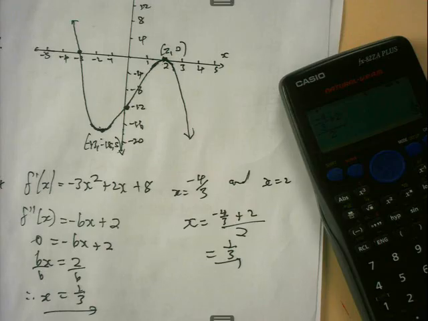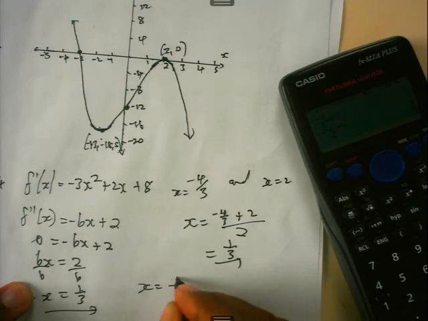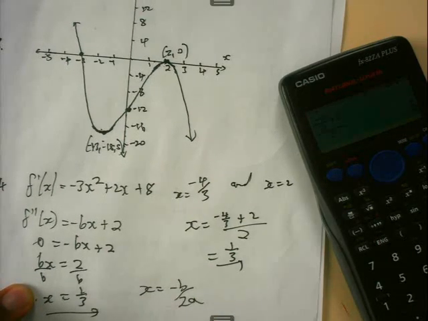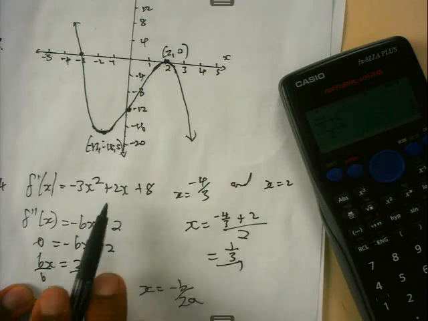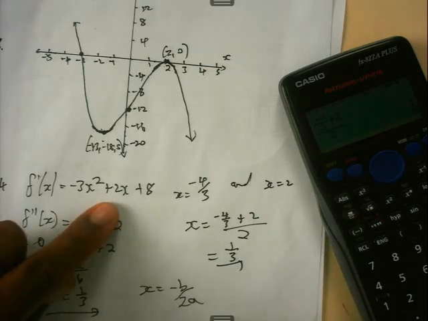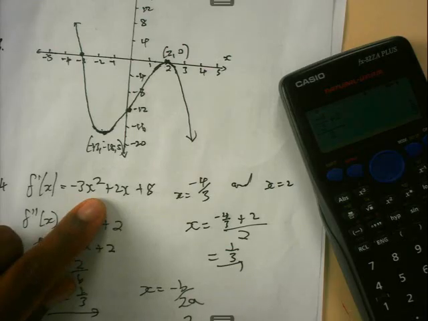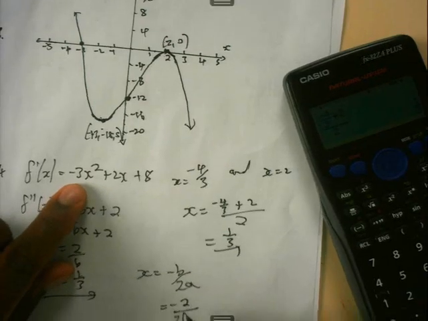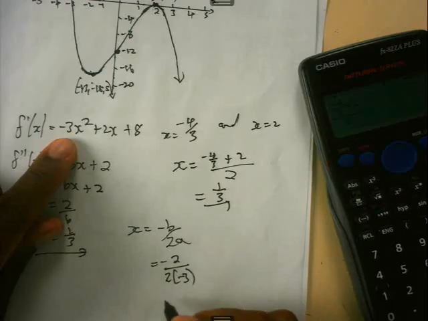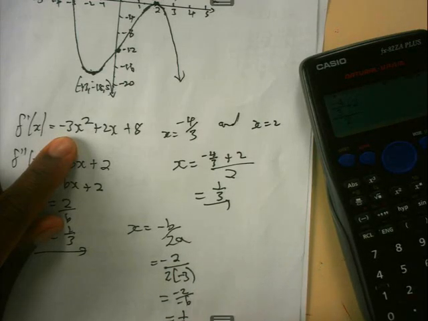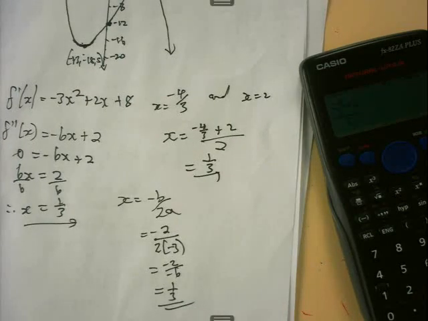Then, of course, the other option is where you can also use x is equal to minus b over 2a. Your b will be the 2, it means you have minus 2 here, divided by 2 multiplied by a, which is minus 3. Then minus 2 divided by minus 6 is still the same, 1 over 3.